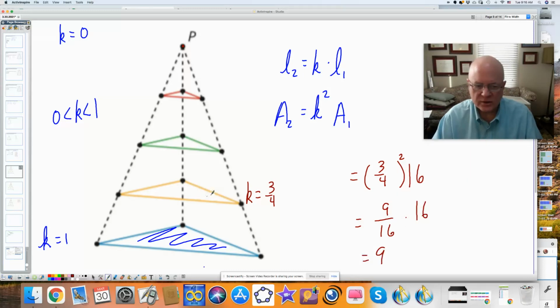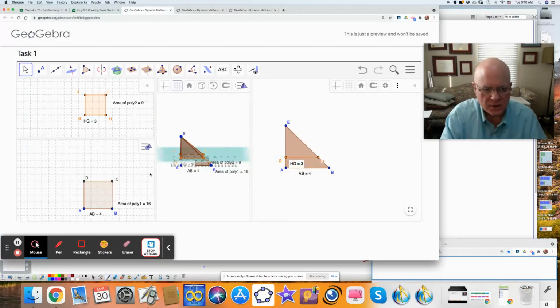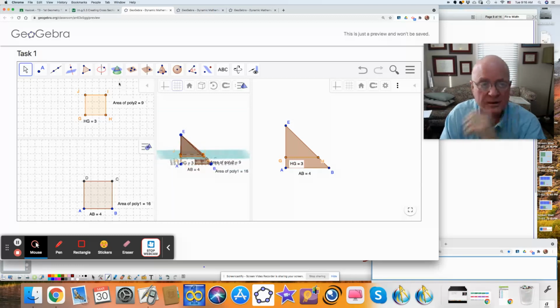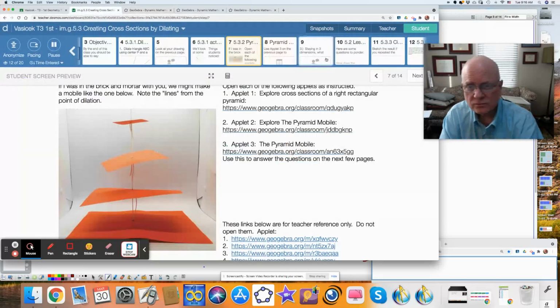So it's no wonder that when it's 3/4, my area is going to be 9 when the original was 16. That's something to explore.